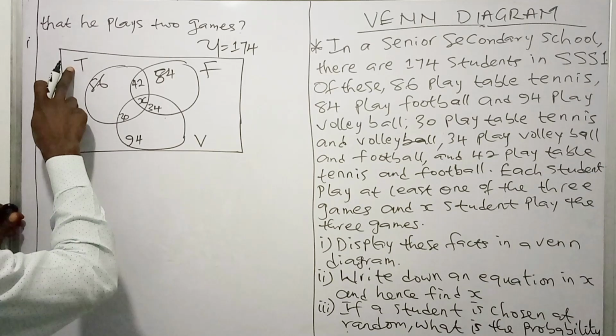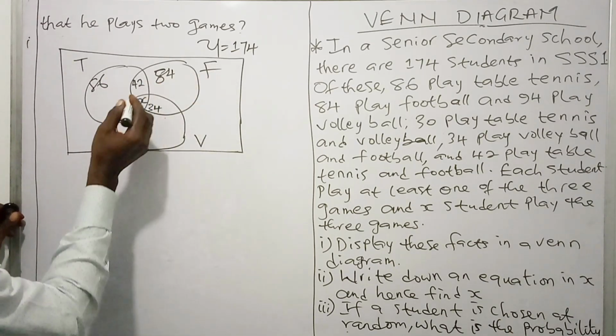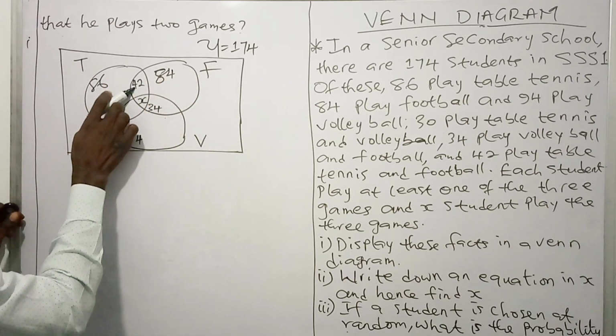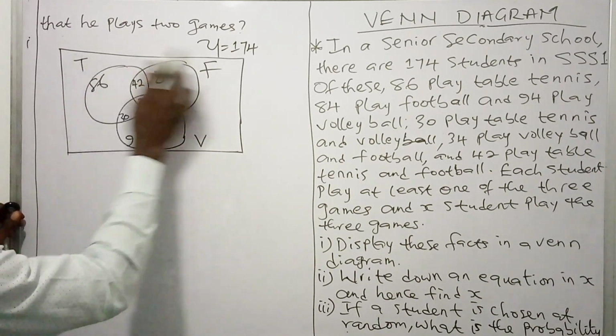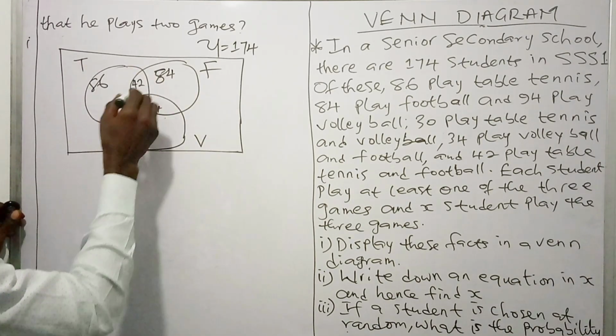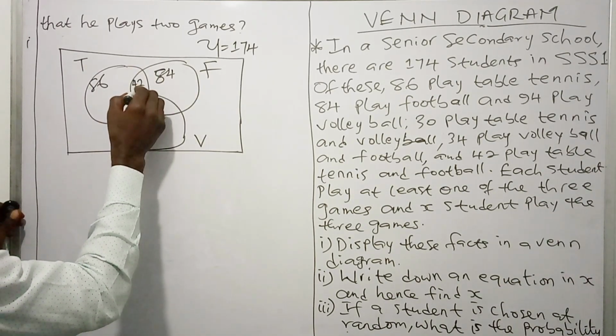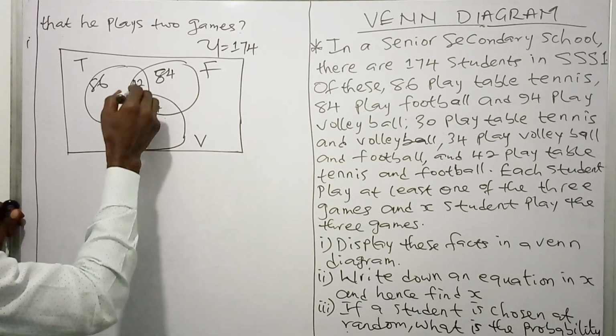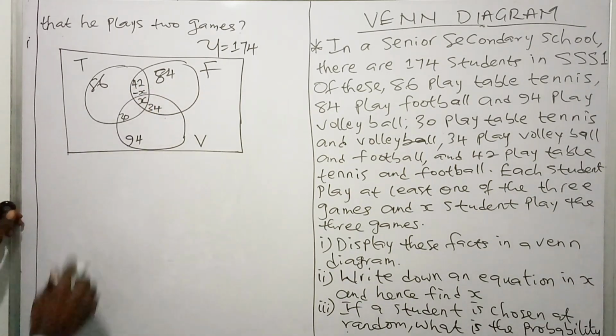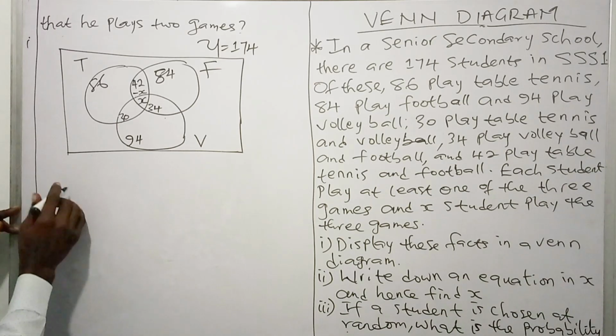For those that play table tennis and football only, we have 42 here. To get those who play these two games only, we subtract this X from the 42. So let me put it here for clearer view.